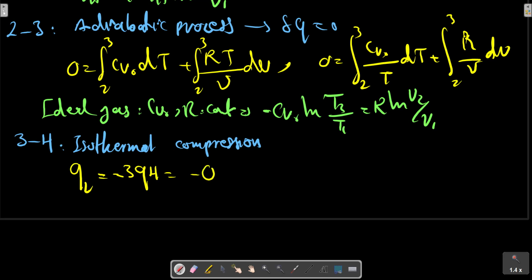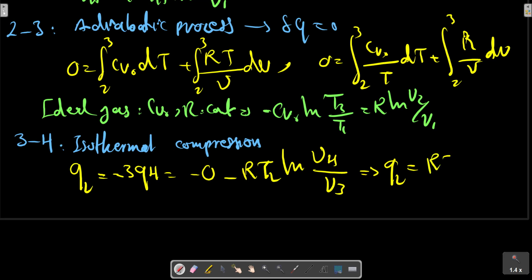The isothermal term is 0 and RT_L ln(V4/V3). So Q_L is RT_L ln of the volume ratio, in this case 4 on 3.